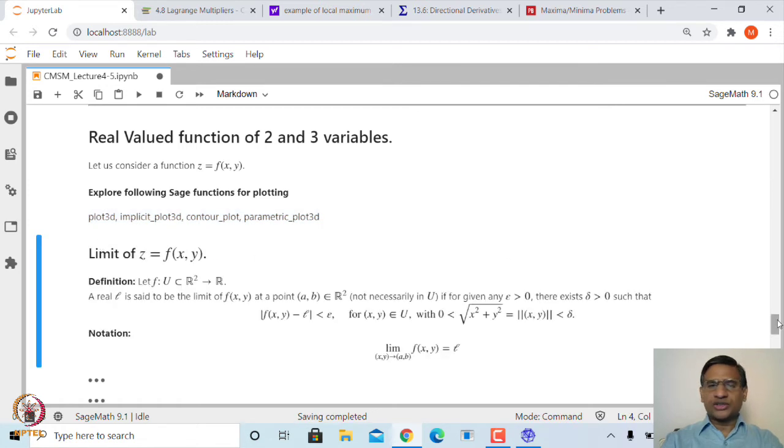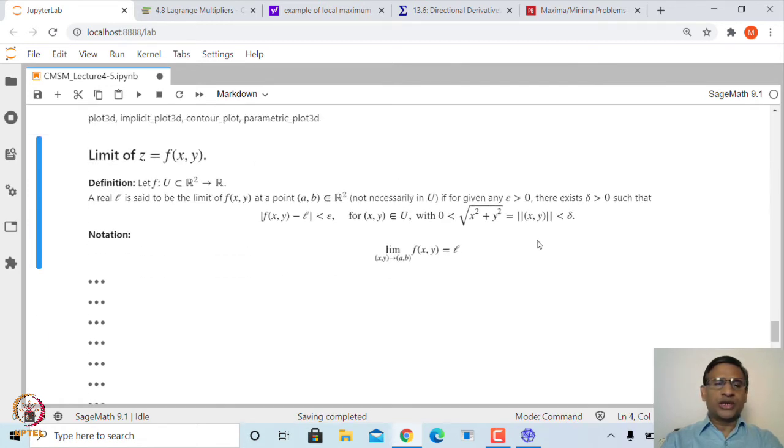Now, when you have a function z equals f(x,y), you can define the limit of this function at (x,y) equal to (a,b), and suppose that limit is a real number, let us say L. Then when do we say this limit of f(x,y) at (a,b) exists and is equal to L?